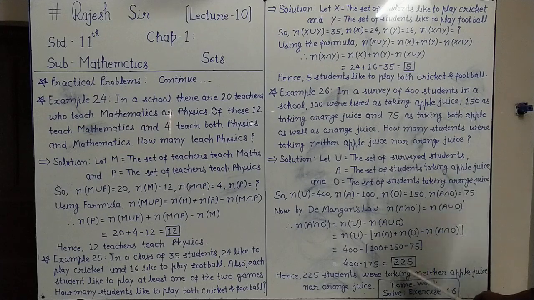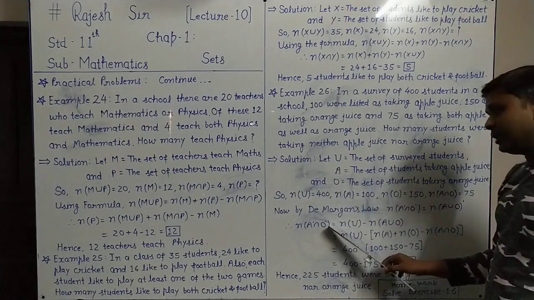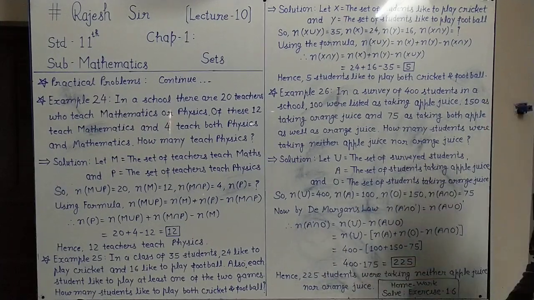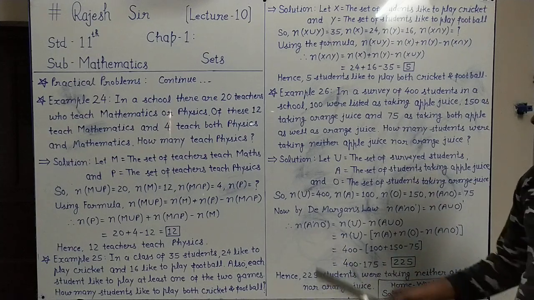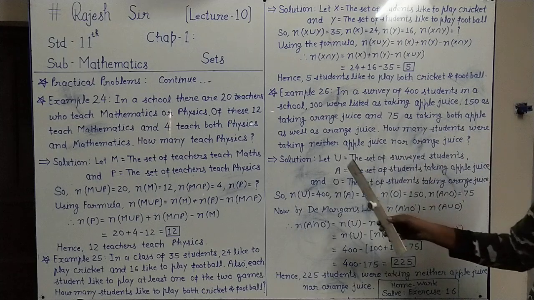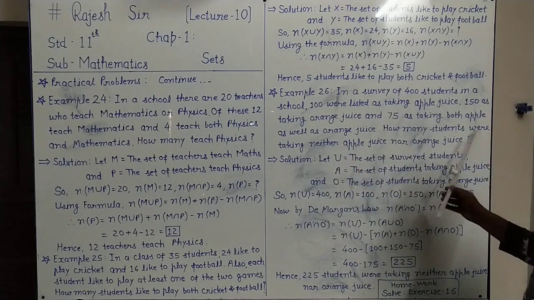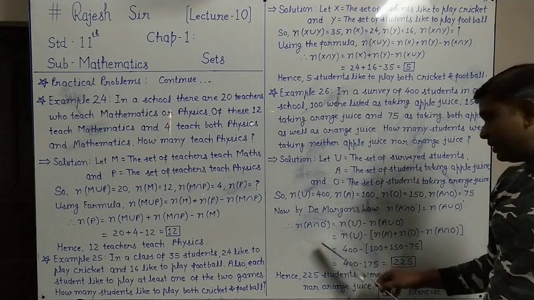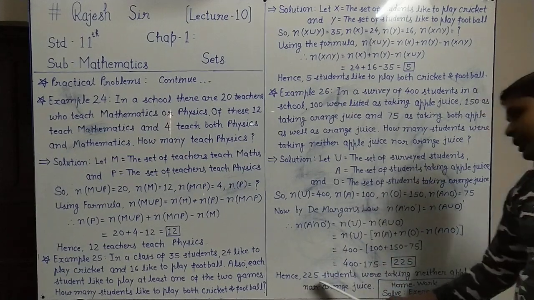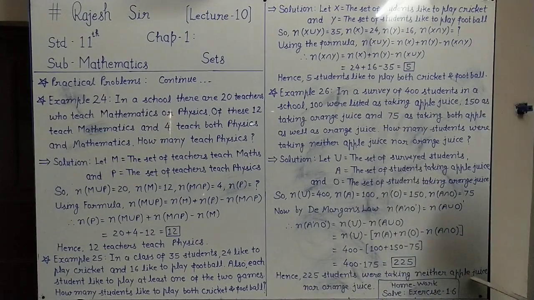So this 225 shows n(A dash intersection O dash), which means not taking apple juice and not taking orange juice. In statement form, neither apple juice nor orange juice taking students. So hence 225 students were taking neither apple juice nor orange juice.